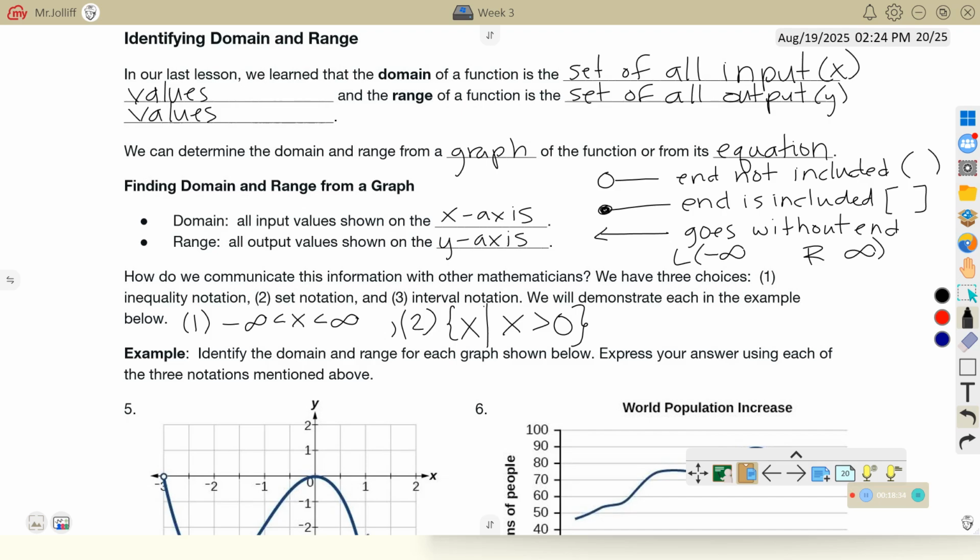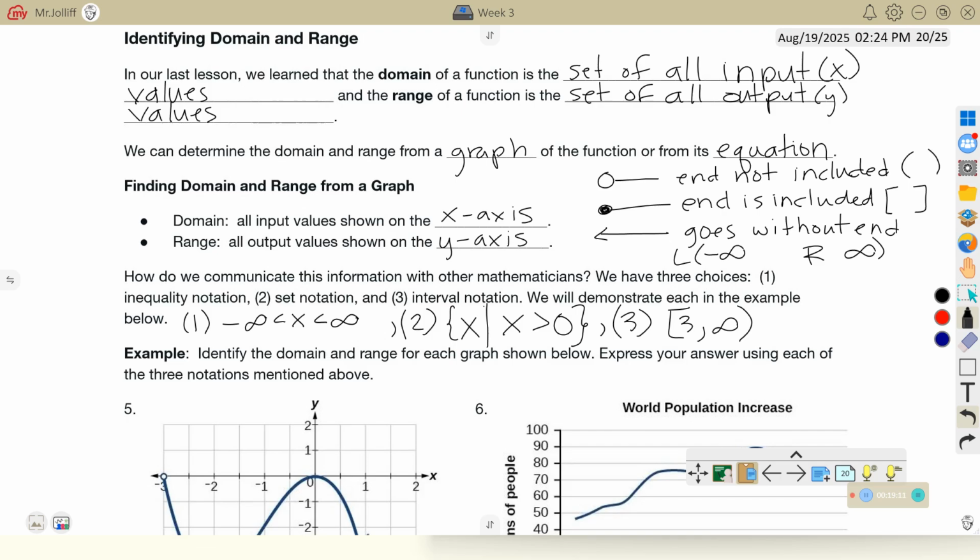The last is the one that I prefer, and that's the interval notation, which is what's up here. The round brackets or the square brackets. Lower limit, upper limit. You'll notice for interval notation, there's no variable in that notation in the same way there is for set builder and inequality notation.